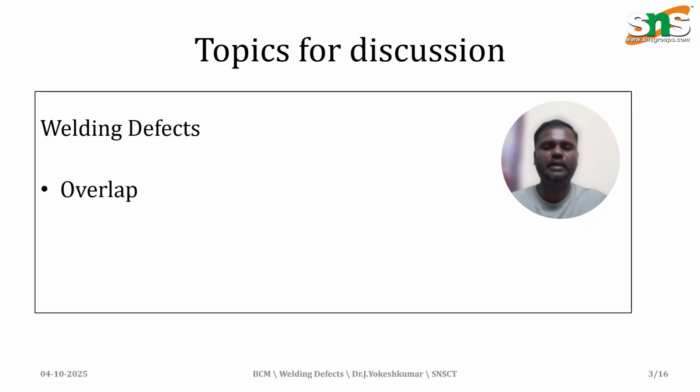So from the photograph we have seen that there is a chance of degradation of mechanical property due to the defect. So this defect is called an overlap. Overlap is the topic we are going to discuss today, so let us have a detailed discussion on the overlap.